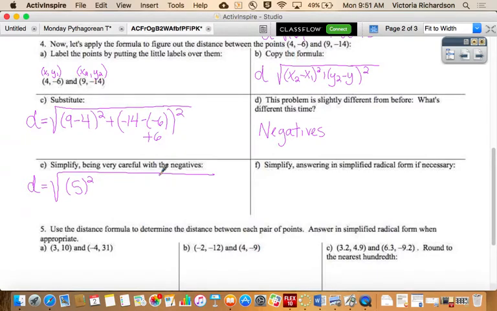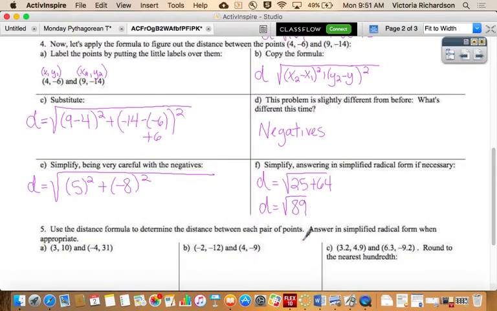So my second part in parentheses would be negative 8 squared. And then when I take that a step further, 5 squared is 25 and negative 8 squared is 64. So I have D is equal to the square root of 25 plus 64. So D is equal to the square root of 89.